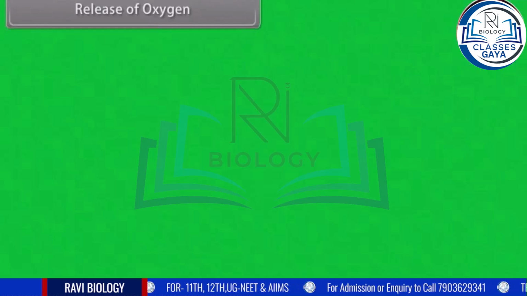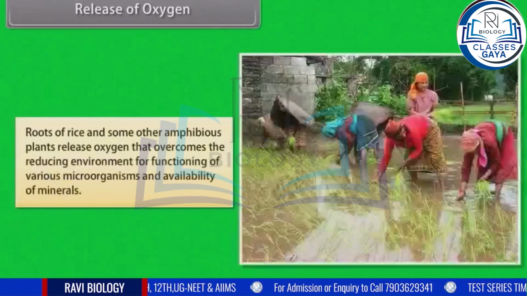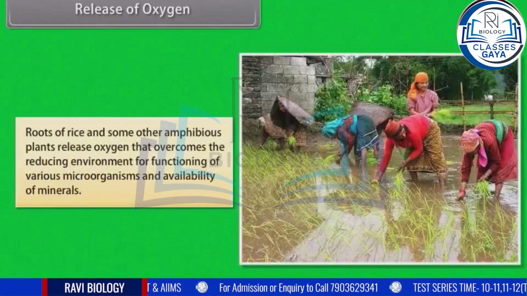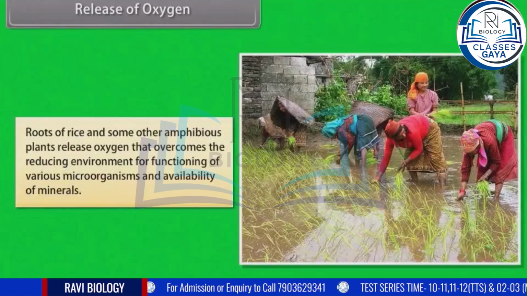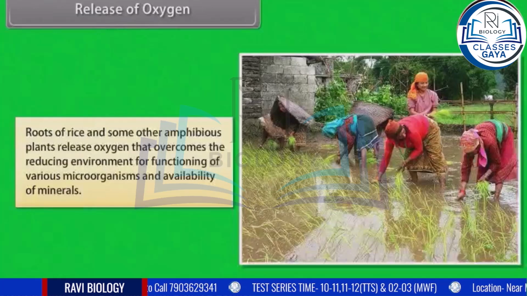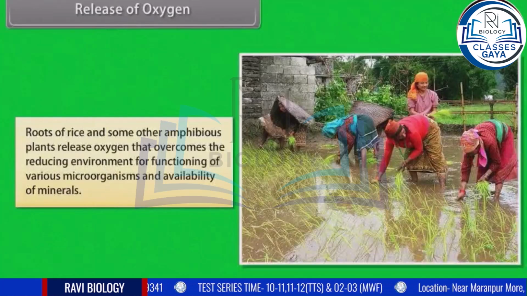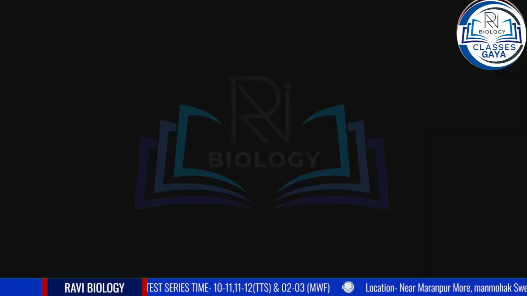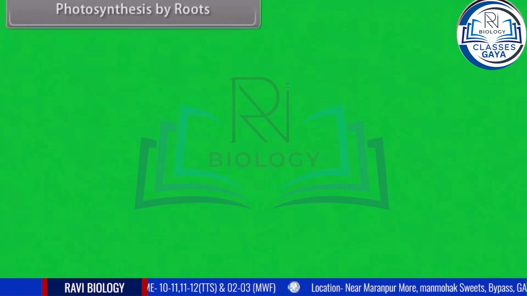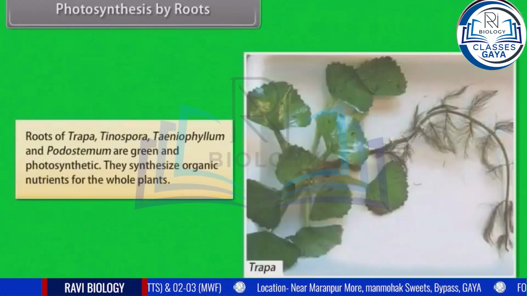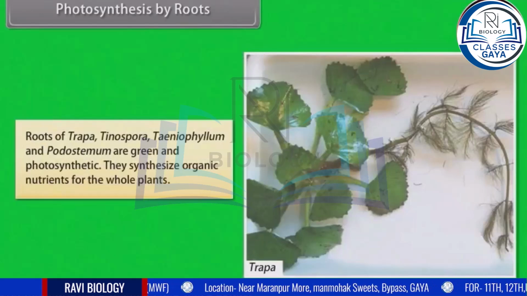Release of oxygen: roots of rice and some other amphibious plants release oxygen that overcomes the reducing environment for functioning of various microorganisms and availability of minerals. Photosynthesis by roots: roots of Trapa, Tinospora, Taeniophyllum, and Podostemum are green and photosynthetic.